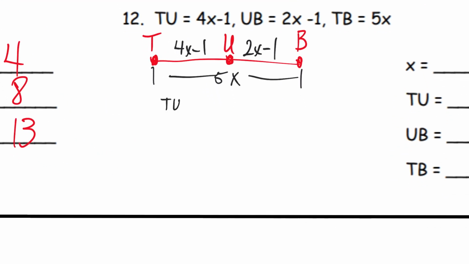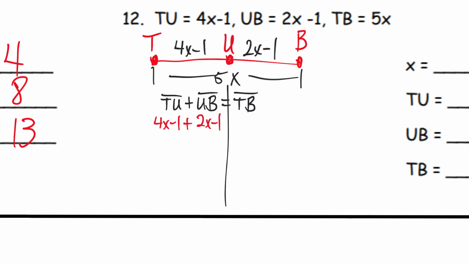So on this one we're going to have TU plus UB equals TB. TU is 4x minus 1, UB is 2x minus 1, and TB is 5x. 4x and 2x makes 6x, negative 1 and negative 1 makes negative 2, equals 5x.